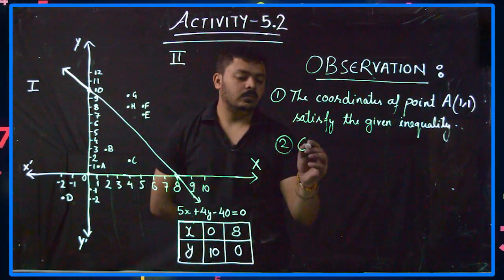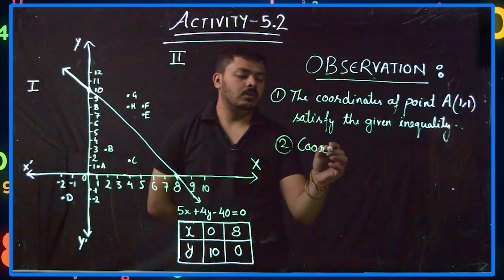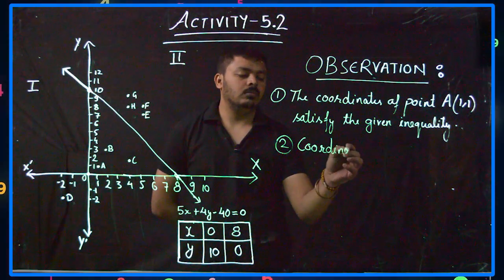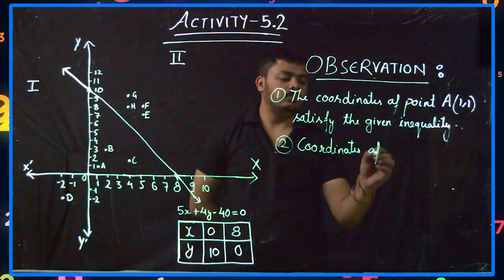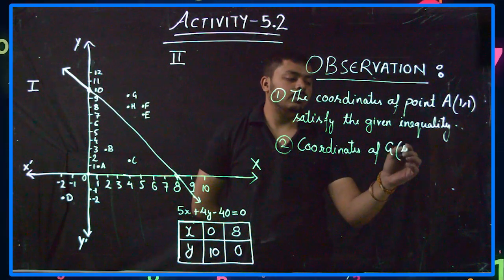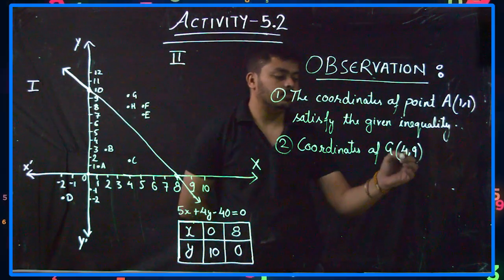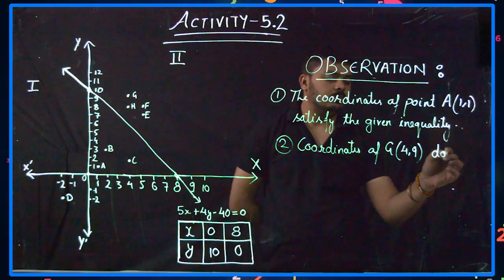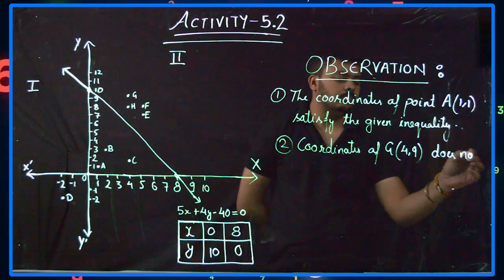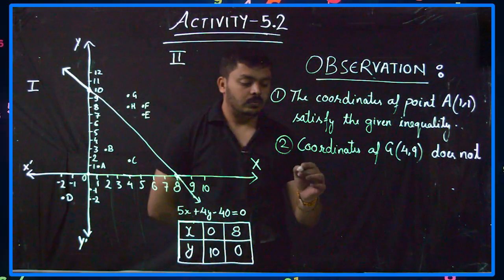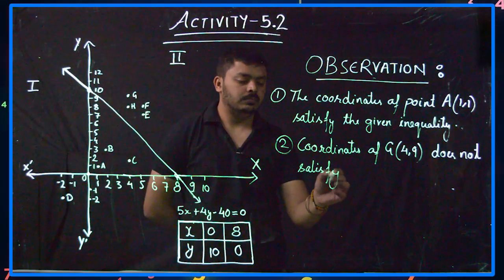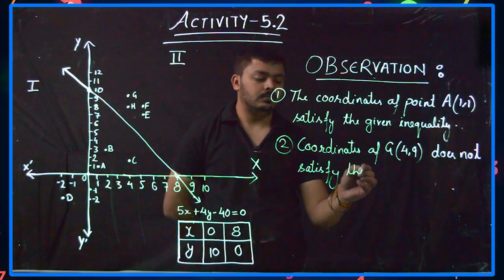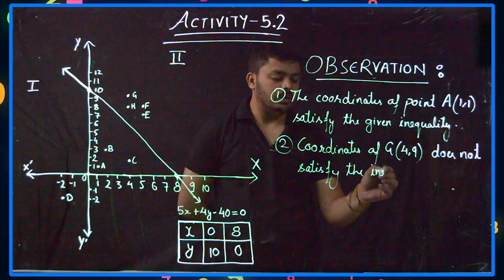Second, coordinates of G (4, 9) do not satisfy the inequality.